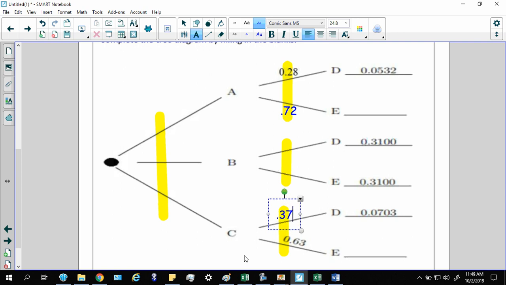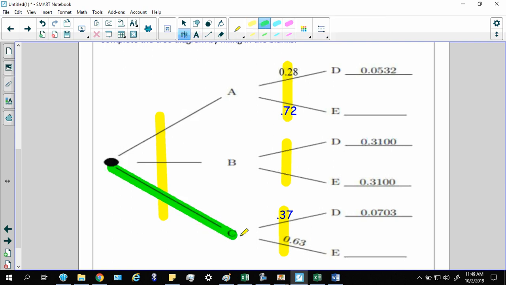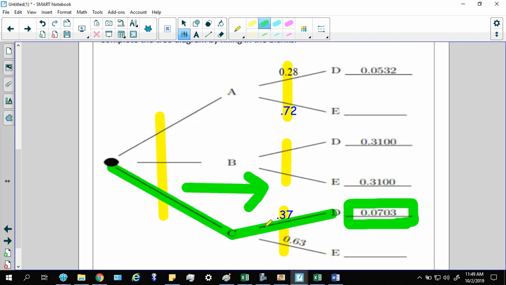Now, let's start filling in some of the first branch here. Hopefully you remember, if I take this branch and then this branch, I would multiply these two together, which gives us this right here. So in order to work backwards, because when you move in this direction you are multiplying, if you have to work backwards, you're going to divide.